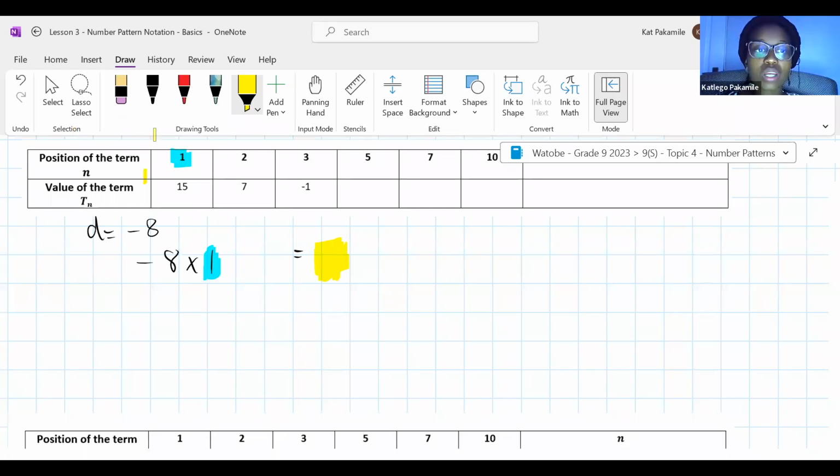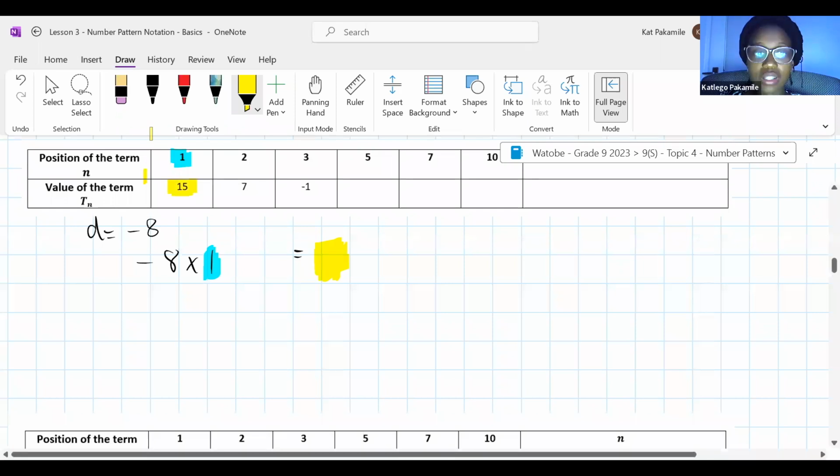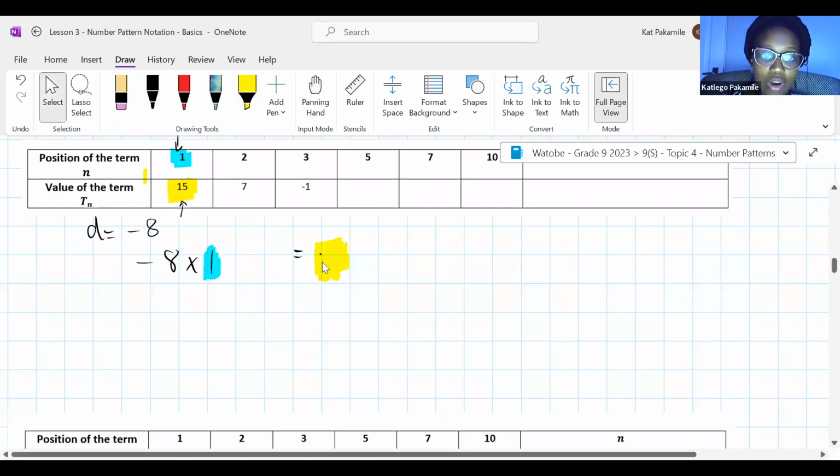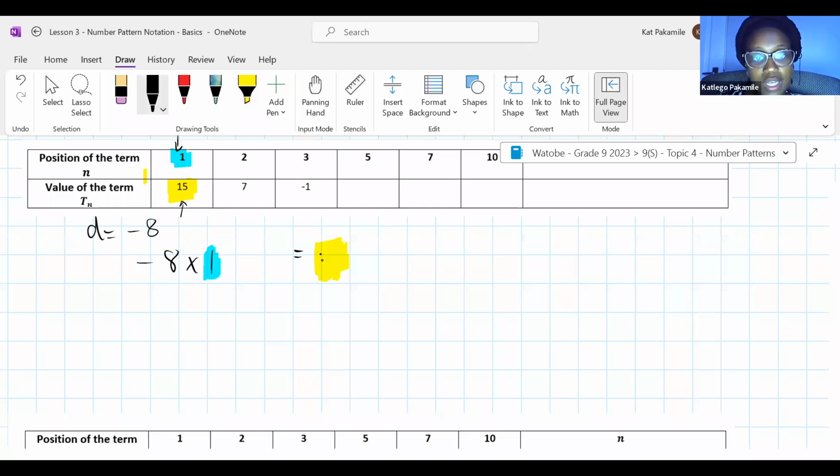So if we're in position 1, what value do we want? Okay, look on the table. In position 1, what is the value? It is 15. So whatever we do here, we want a value of 15.